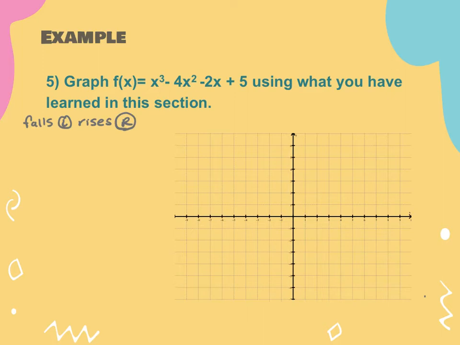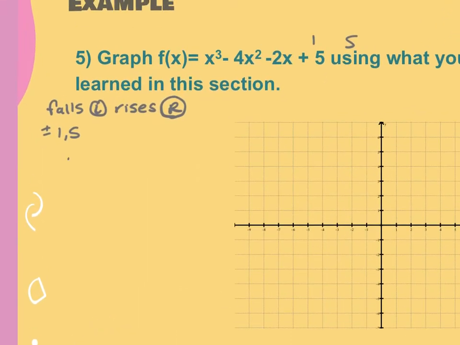Dang, Miss Ferrier, she comes up with some good examples. Okay, good news is my possibles are only 1 and 5. So plus and minus 1 and 5. Then I get 1, negative 4, negative 2, 5. Start with 1. And that works. So 1 is one of my zeros.